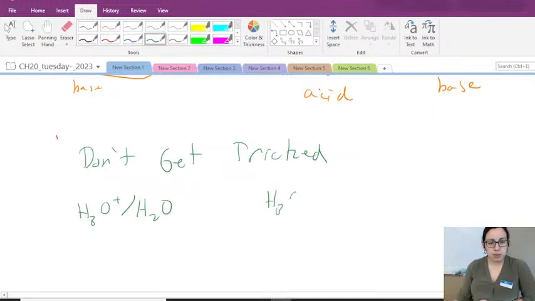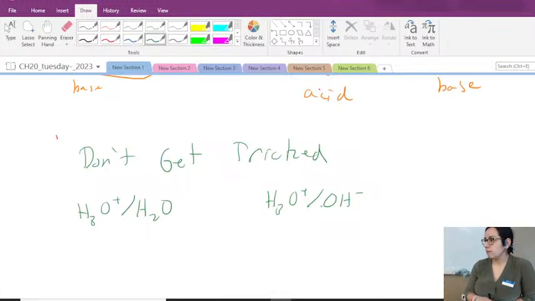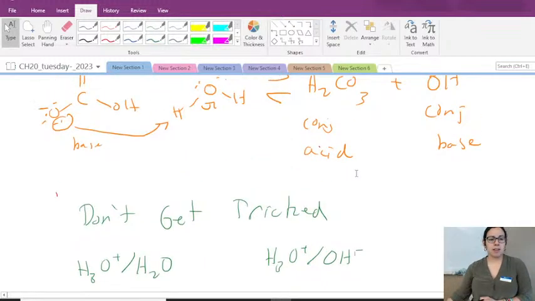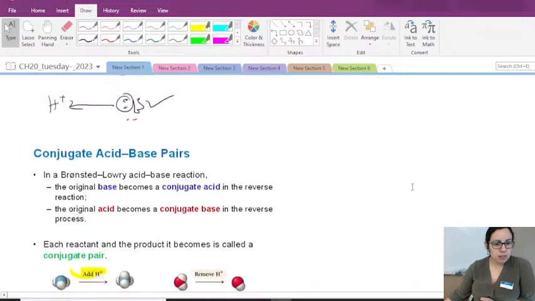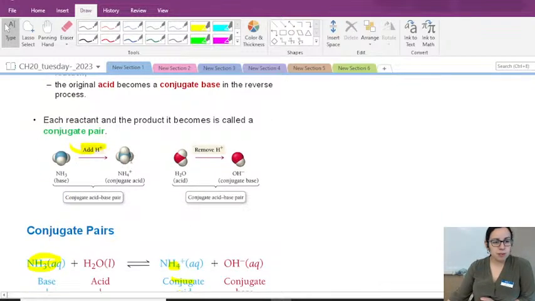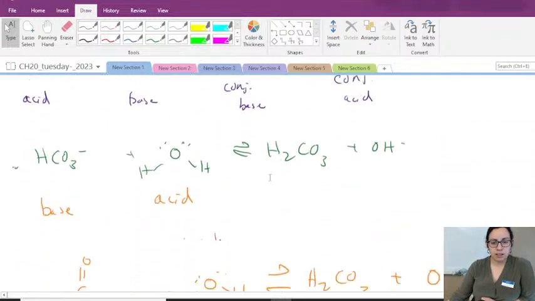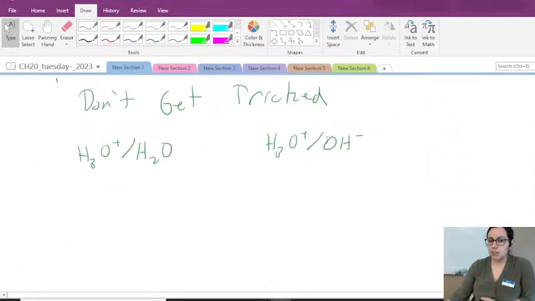But then sometimes you'll see something written out like this. Would this be an acid-base pair? What's the problem with it? Think back, what was it trying to show us right here? We're either adding one proton or removing a proton. So what's the issue with this species?